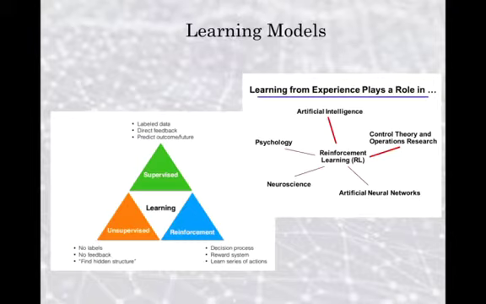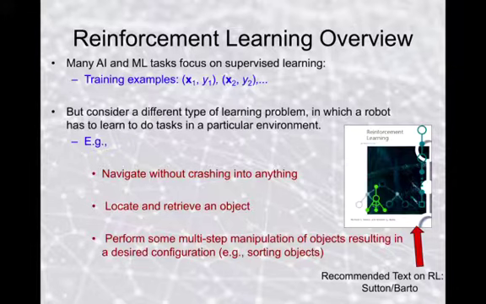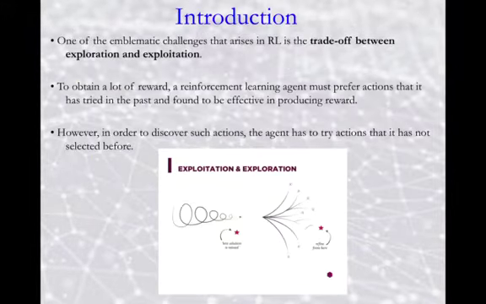So that makes it a little bit different than traditional supervised and unsupervised learning, as we've seen in the past. As I mentioned also in lecture, there are lots of cool connections with reinforcement learning in non-AI fields like psychology, neuroscience, etc.